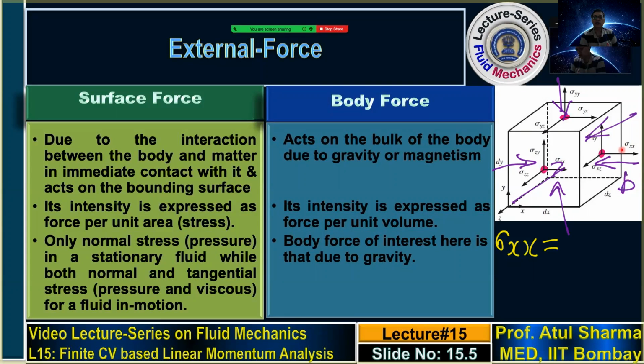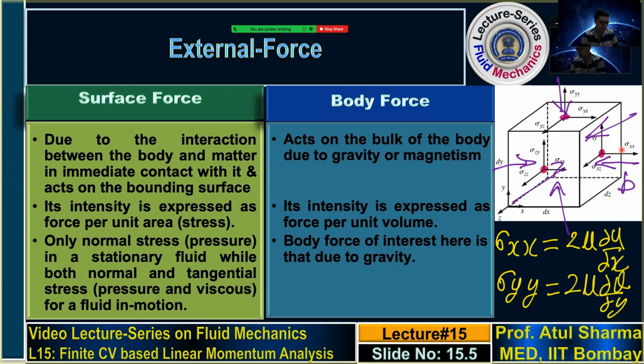In later topics, we'll correlate the stress with strain rate in fluid mechanics. Later on, I will show you the derivation where sigma xx is given as 2 mu del u by del x, where u is the velocity in the x direction, and sigma yy is given as 2 mu del v by del y, and sigma yx is equal to sigma xy is equal to mu times del u by del y plus del v by del x.